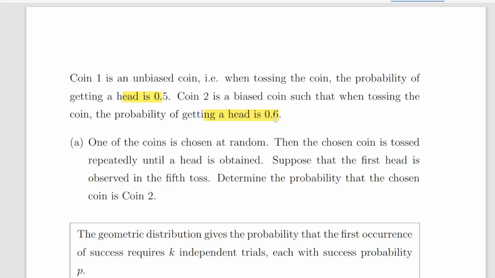So one of the coins is chosen at random. Then the chosen coin is tossed repeatedly until a head is obtained. Suppose that the first head is observed in the fifth toss. Determine the probability that the chosen coin is coin 2, the biased coin.